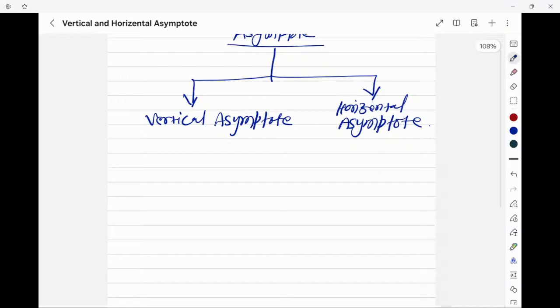So first of all we introduce the vertical asymptote.